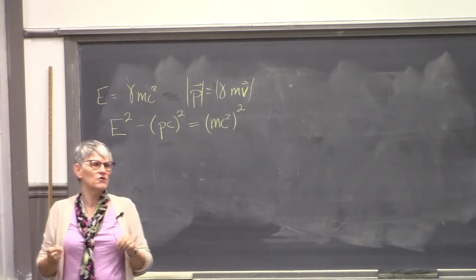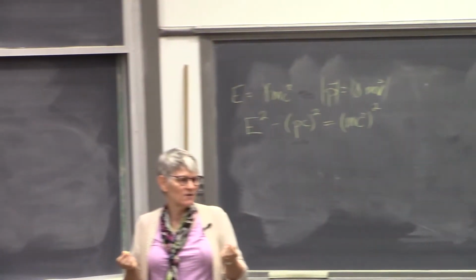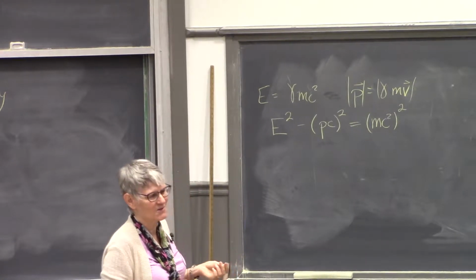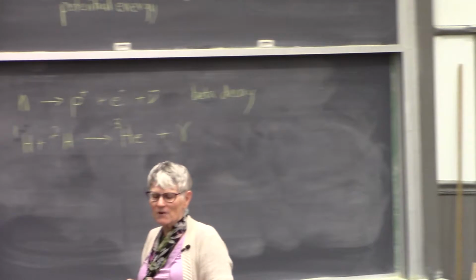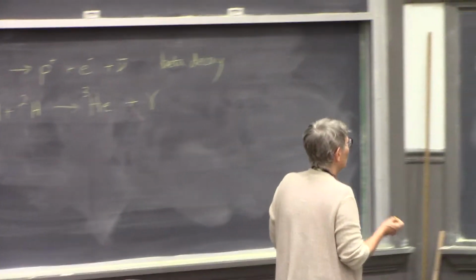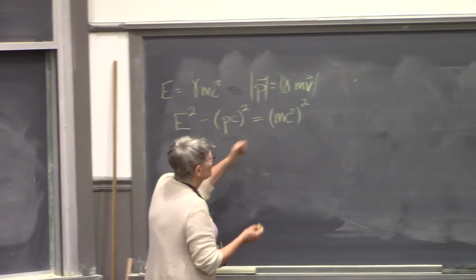This is actually question 8 at the end of the chapter, and I expect some of you to go and do it just to convince yourself that it's correct. And for a photon, so this is always true.